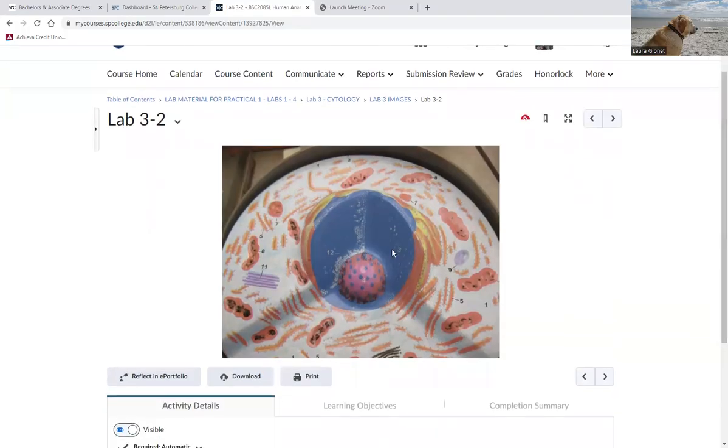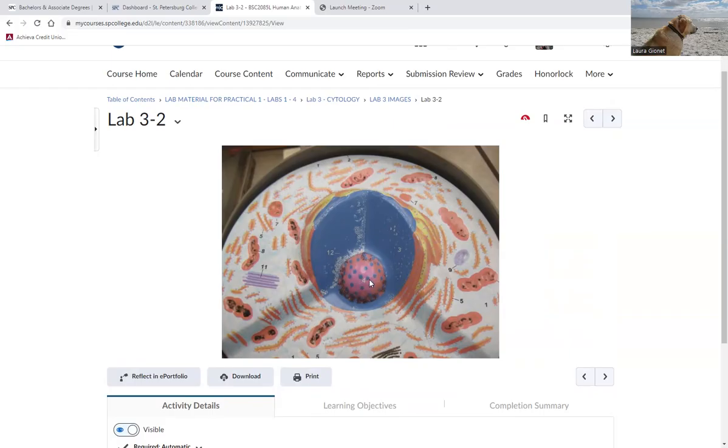Okay, so we can see a number of different organelles here. I will tell you right now that this big blue ball in the center here, that's the nucleus.